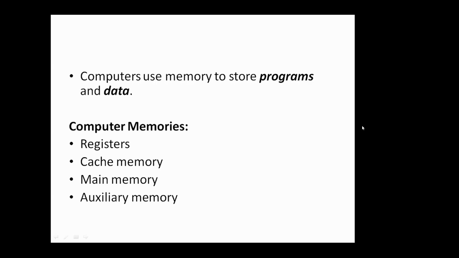Then the second is cache memory. The cache memory is a special type of memory that a computer uses with the intention to decrease the access time, which in other words means increasing the speed.